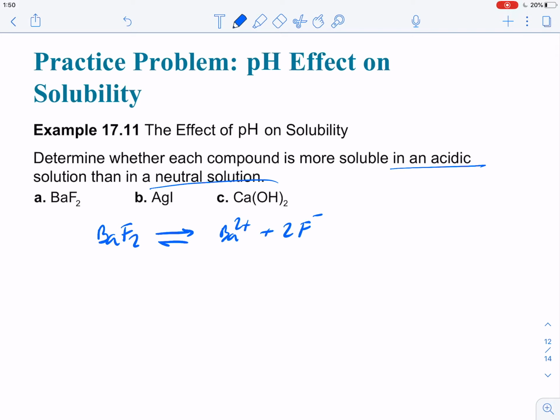Okay? Now fluoride, let's put it this way, in water, fluoride will do this.